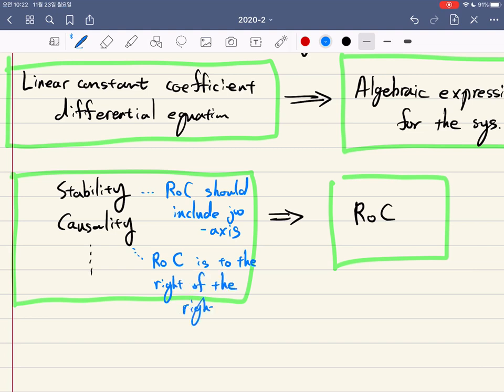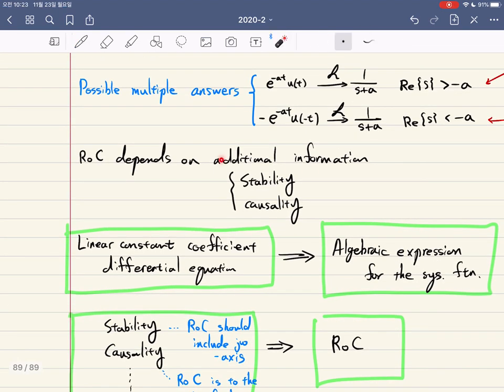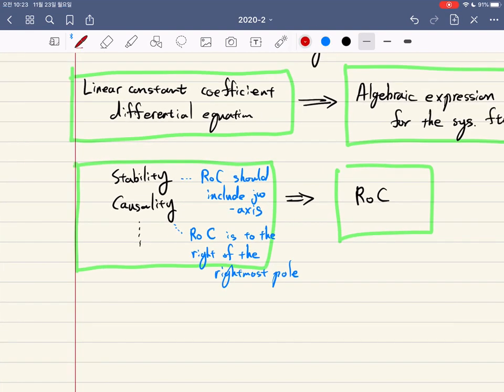Remember? These are the additional information, also called the auxiliary information.